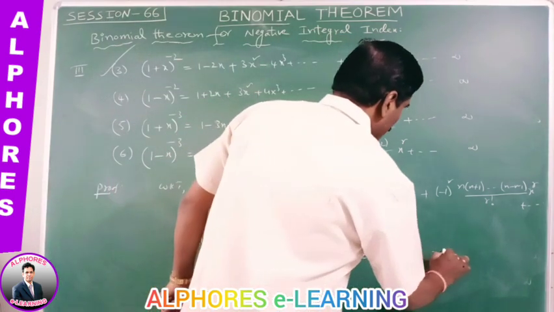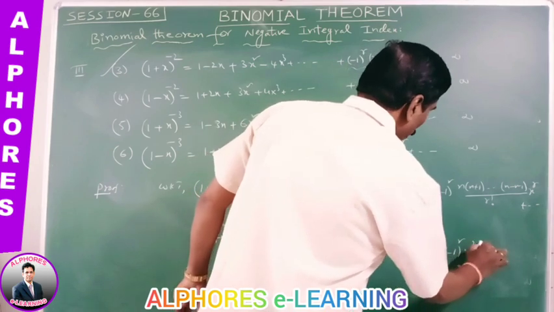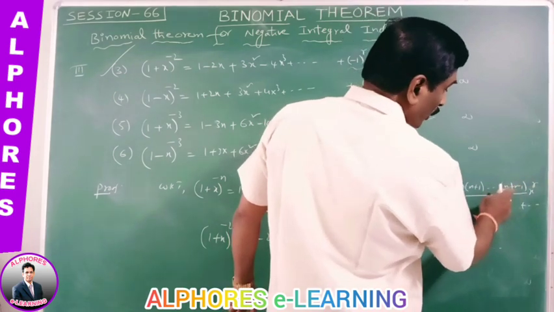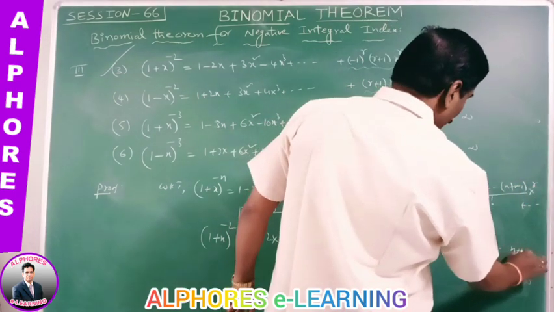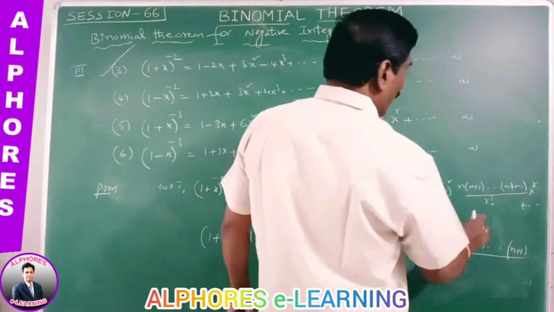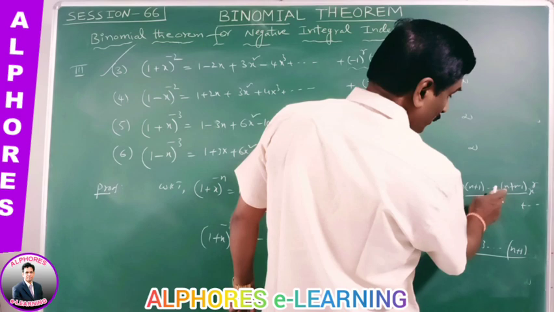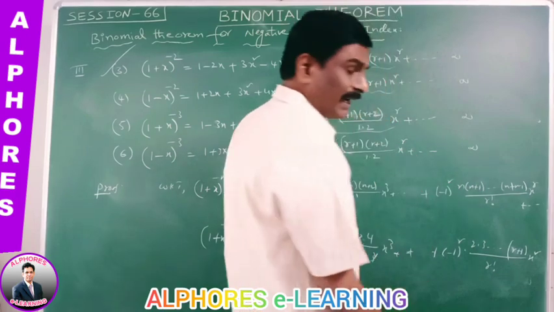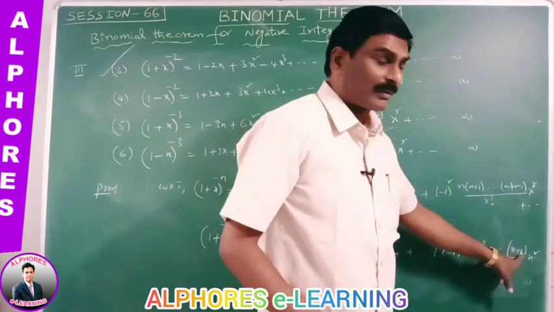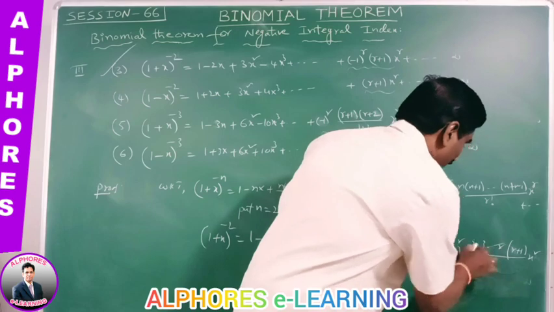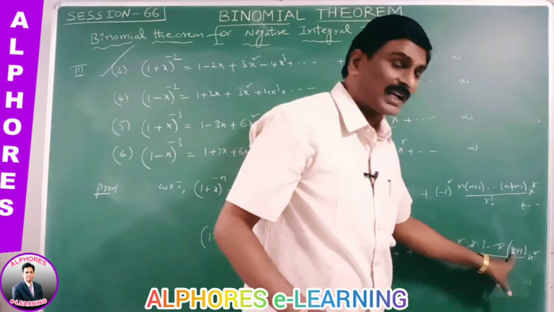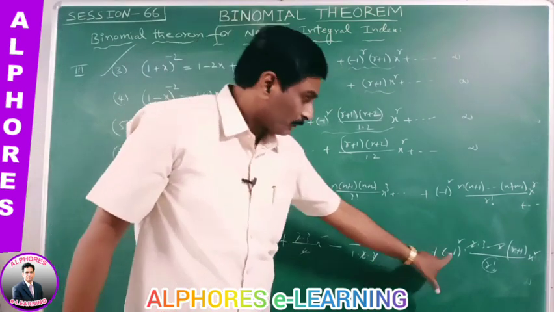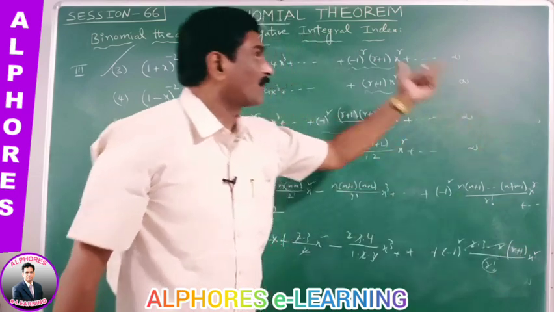Plus so on, (-1)^r into 2·3·... up to n + r - 1, that means 2 + r - 1, that is r + 1, by r! into x^r. Here 1·2·3 up to r, so r! cancels. The x^r coefficient is r + 1. Please observe this value: 1 - 2x + 3x² - 4x³ + ... + (-1)^r (r+1) x^r + ... infinite.